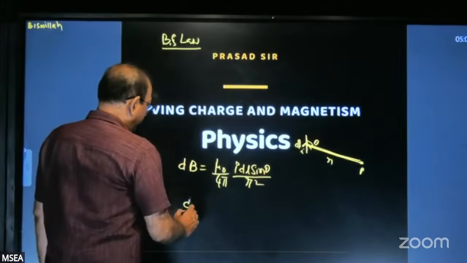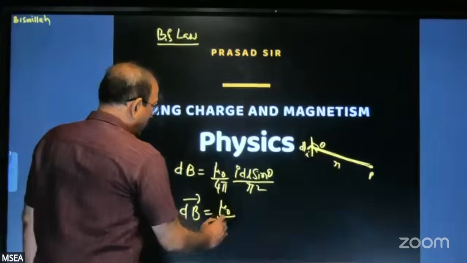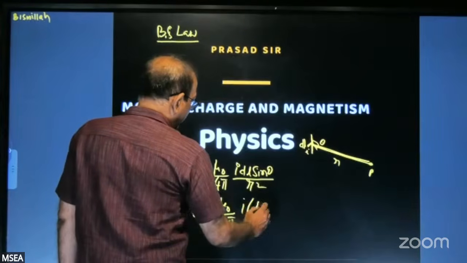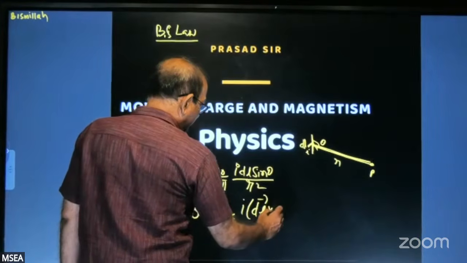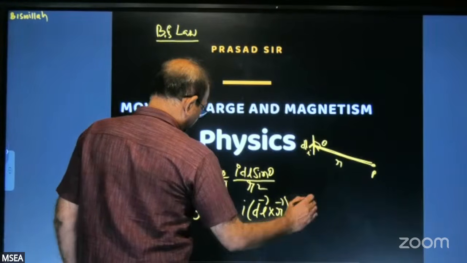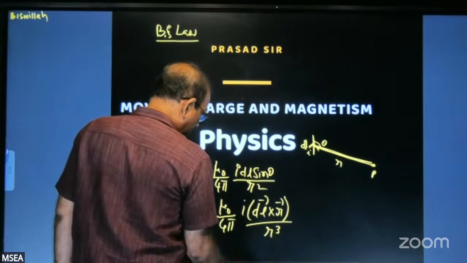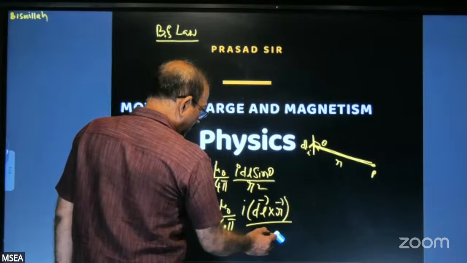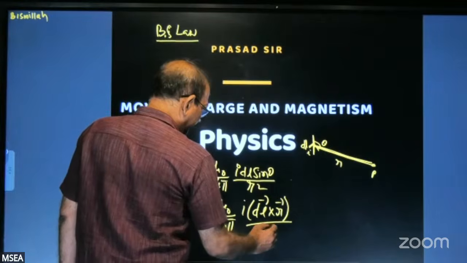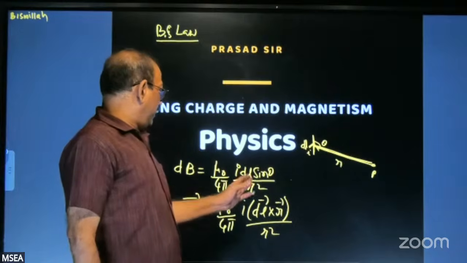Now in vector form, dB bar is equal to mu naught by 4 pi I into dl bar cross r bar by r cube. So in vector form, it is like this.